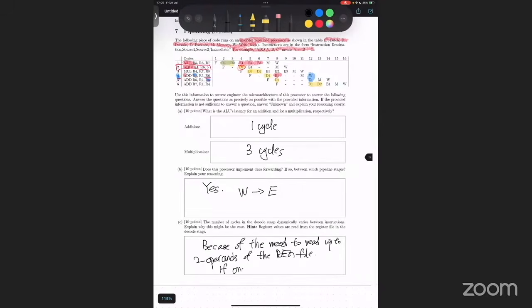If one of the operands is an immediate or being forwarded, it takes less cycles, only 1 cycle. Okay. So up until now, is there any question? Feel free to interrupt, and I will just continue to the rest of the questions.